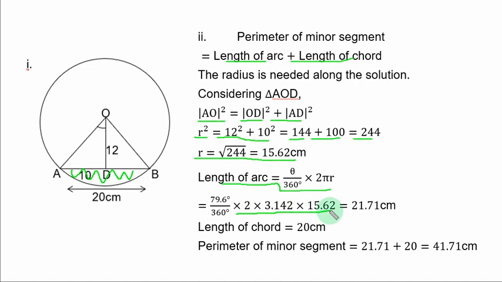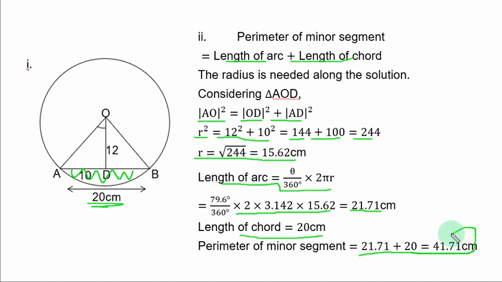If you multiply and divide, you have 21.7 cm. Already the length of the chord is 20 centimeters. Therefore, the perimeter of the minor segment is equal to 21.71 plus 20, and that is 41.71 centimeters.